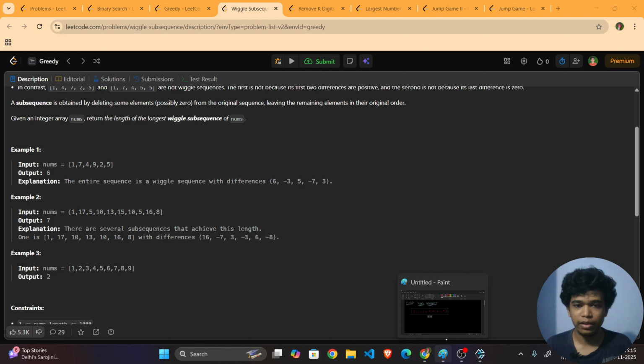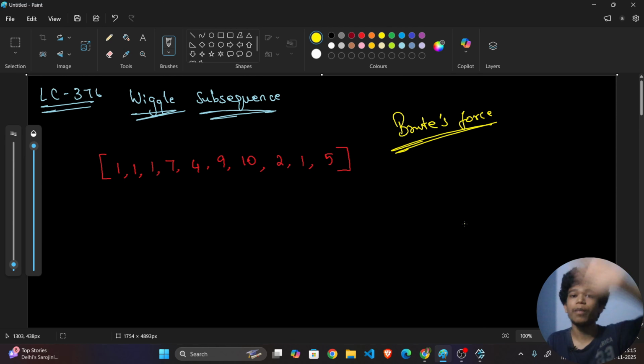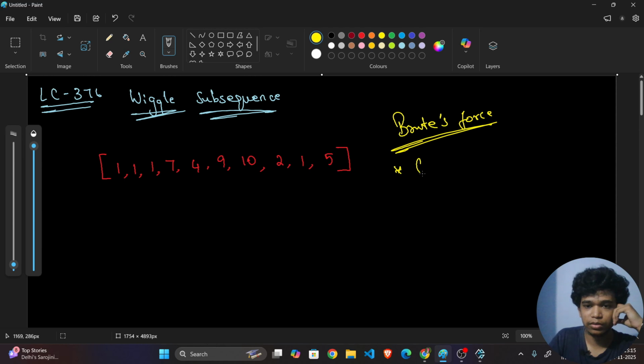Let me demonstrate with this example how we are going to build the logic. The first easy method is to take all the possible subsequences and check whether each is a wiggle sequence or not. So first, generate all subsequences. The second step is to check whether it is a wiggle sequence or not.